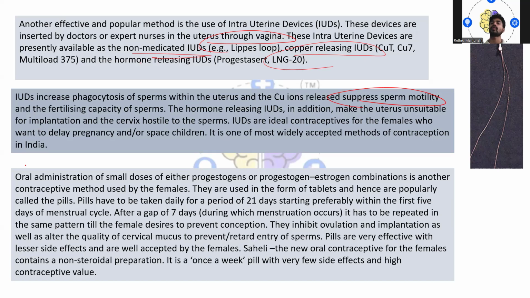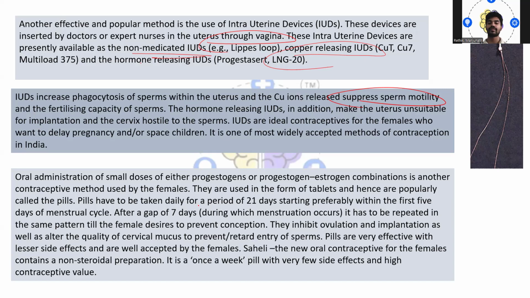So this inhibits what? Ovulation, and implantation also it is going to avoid. It is also going to prevent the entry of the sperm. Pills are very effective with less side effects, and most females can use them.